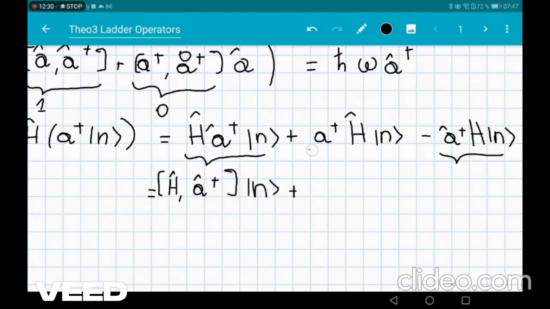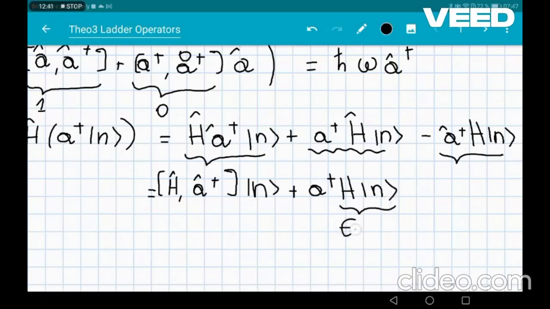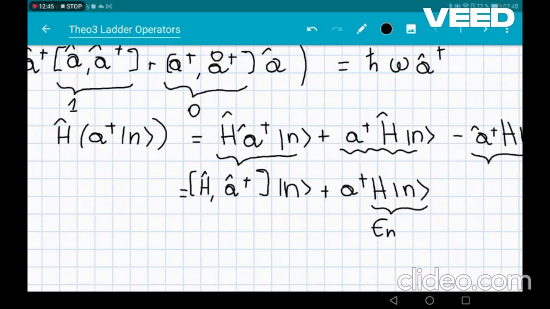Then I have this expression left, and that's just the eigenvalue En. And so we know that this is also h bar omega a dagger.